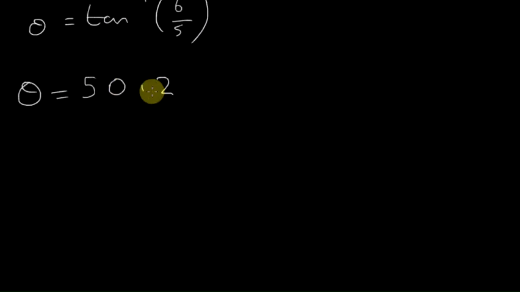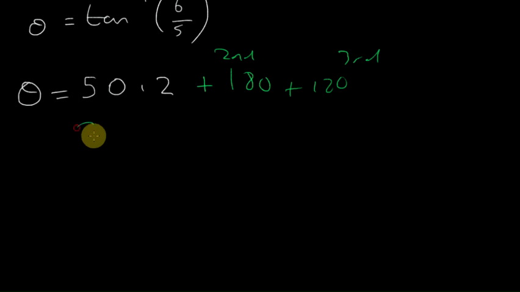So for the second term it would be 50 plus 180, and for the third term it's 50 plus 180 plus 180. So you'd get 230.2. If you extended the boundary, it's plus another 180, which is 410.